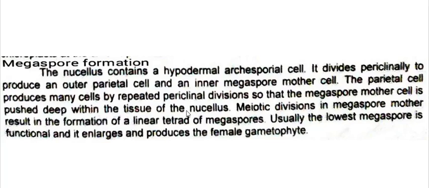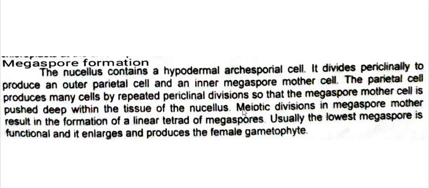The parietal cell produces many cells by repeated periclinal divisions, and due to the production of the new cells, the megaspore mother cell is pushed deep within the tissues of the nucellus towards the chalazal end.